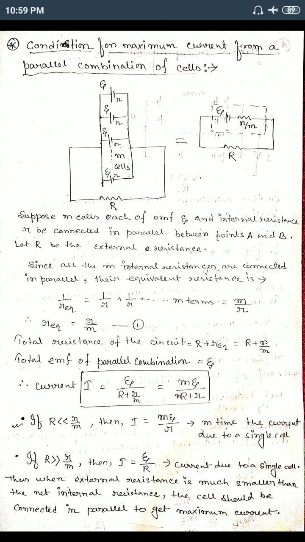Capital E is the EMF and small r is the internal resistance, and they are connected in parallel. So the internal resistances are also connected in parallel.